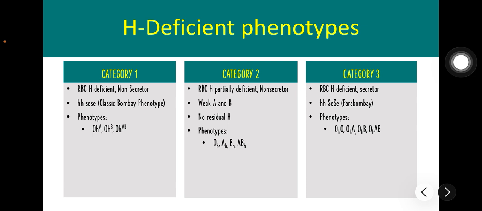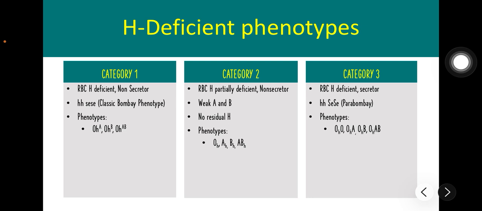So these phenotypes are generally divided into three categories. Category 1, we have the classic Bombay phenotype. Category 2, we have the RBC H partially deficient non-secretor. And category 3, which is the para-Bombay.